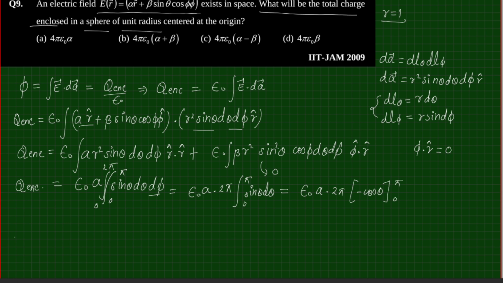So here we will get 2, so that will become epsilon naught a into 2 pi multiplied by 2. So Q enclosed will be 4 pi epsilon naught a. Option A is the correct option.